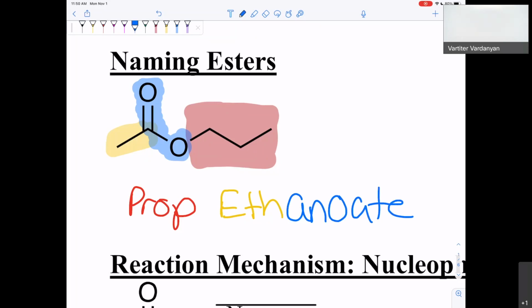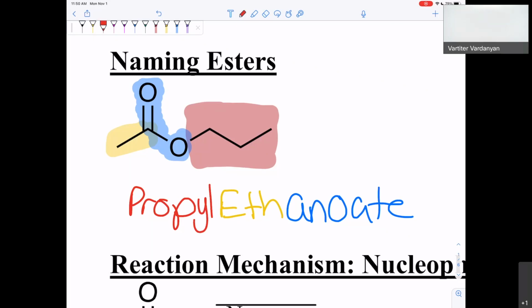And then we're going to start with whatever's attached to the oxygen. So in this case, we have a propyl group. So we have propyl, bless you, because it's not part of the parent. And then we have the ethanoate because we have an ethyl group on the carbonyl carbon side.